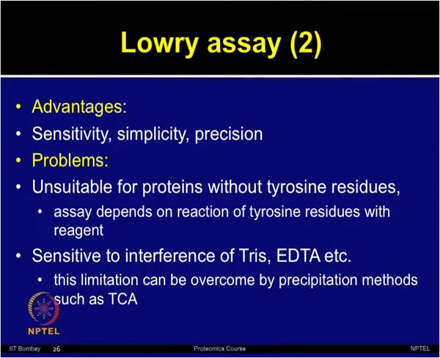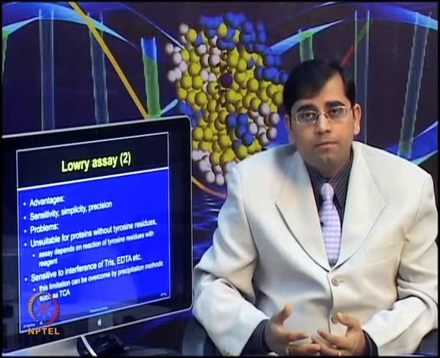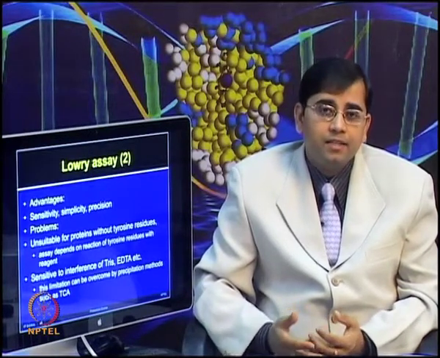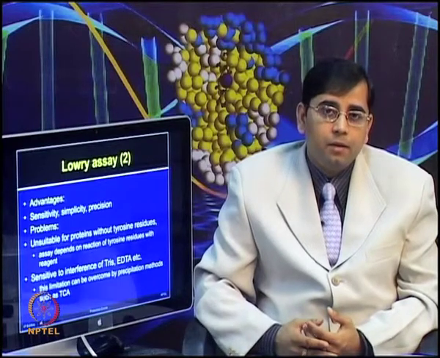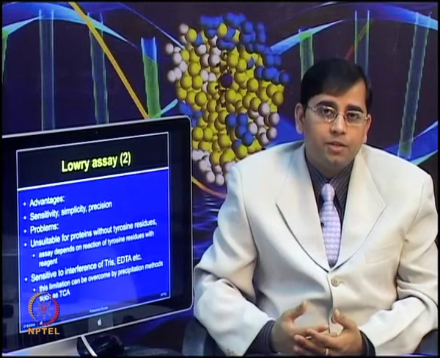Sensitivity to interfering components such as Tris or EDTA is another limitation of this method, but it can be overcome by adding a precipitant such as TCA, trichloroacetic acid. By addition of TCA, one can overcome this limitation.